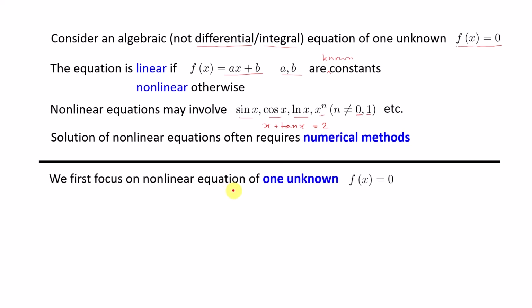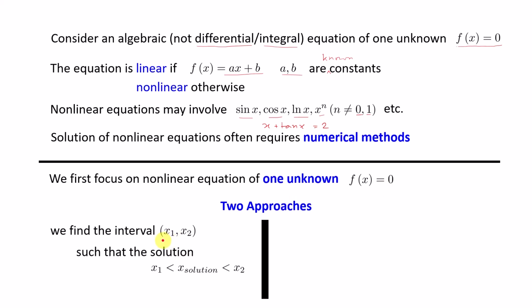Here our focus is a nonlinear equation of one unknown, and such equation is written in general f(x) equals 0. There are fundamentally two approaches of solving such equation. In first approach, we start with an interval x1, x2, and the solution we know falls between x1 and x2.